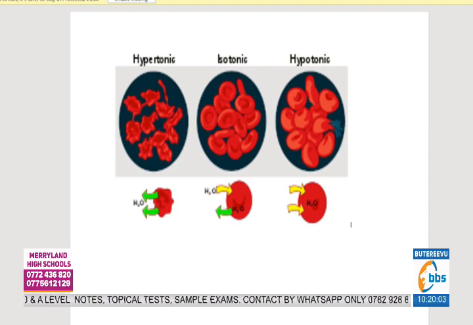Now the first one is hypertonic solution. A hypertonic solution means that the red blood cells are placed in a solution that is highly concentrated, or that has a lot of solute molecules.